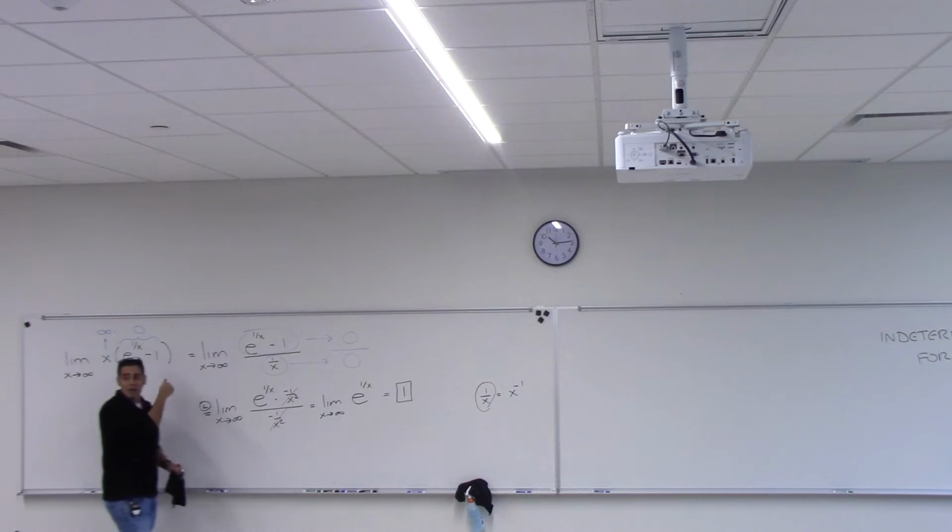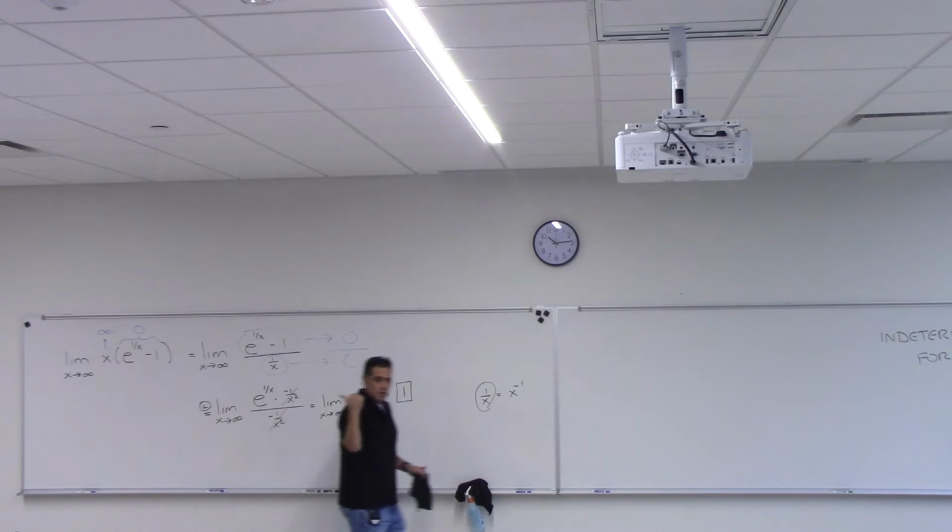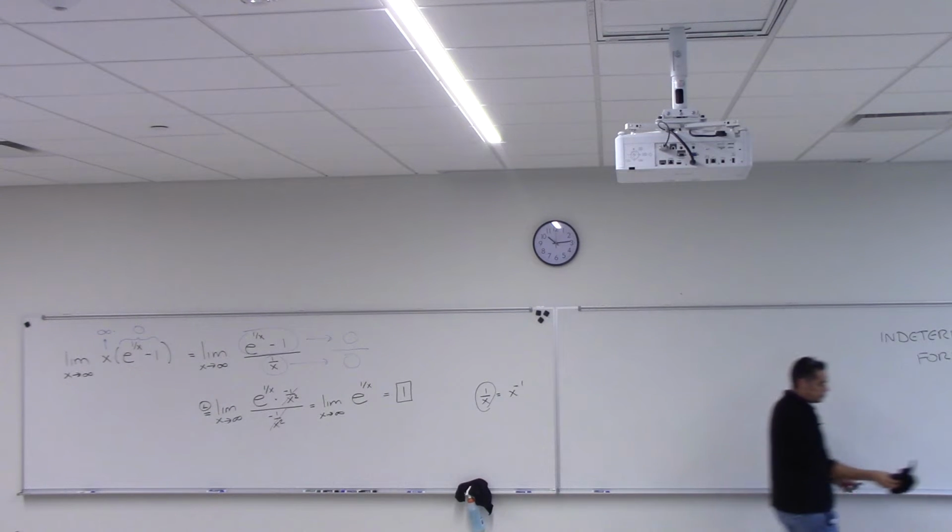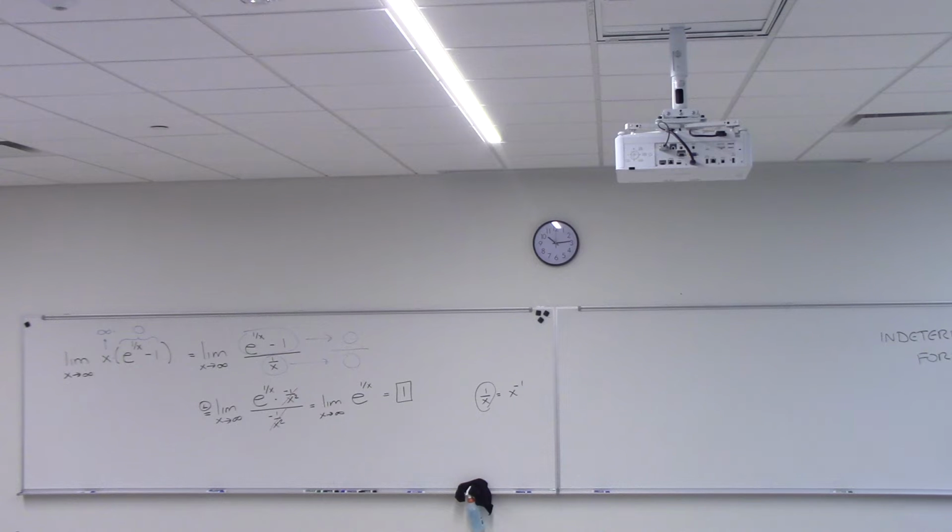So if you were to actually graph that like a function, like go and graph that, we'll do it. What we should see is a horizontal asymptote. As we go out to infinity, the graph should get closer and closer and closer to 1. Let's verify that. So I'm going to graph y equals x times, in parentheses, e raised to the 1 over x, and then minus 1.